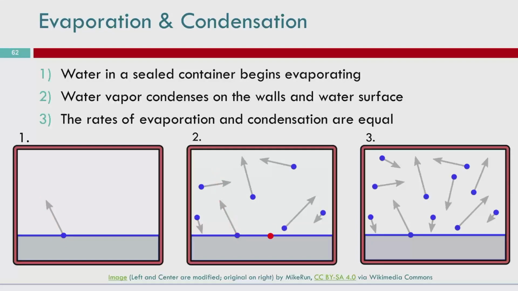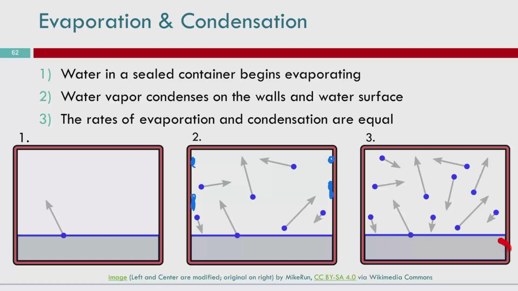Over time, because there are so many water molecules evaporating, eventually some of those are going to condense on the walls. So if it's a clear water bottle, you'll start to see water droplets forming on the sides of your water bottle container. And then once they get big enough, those will drop back down into the main body of the water.